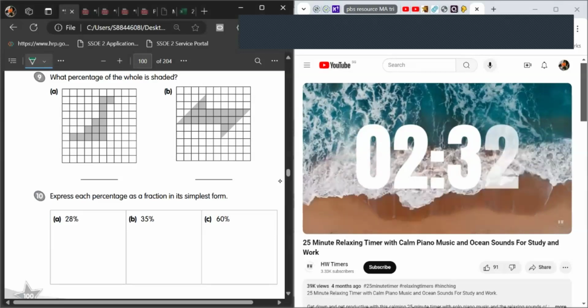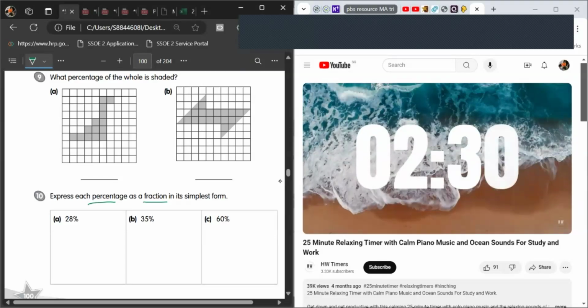Express each percentage of the fraction in simplest form.